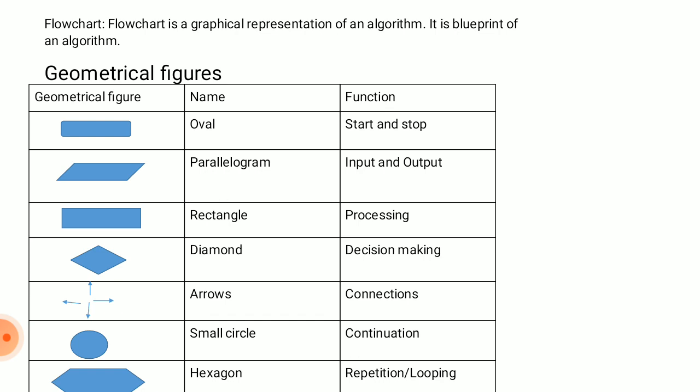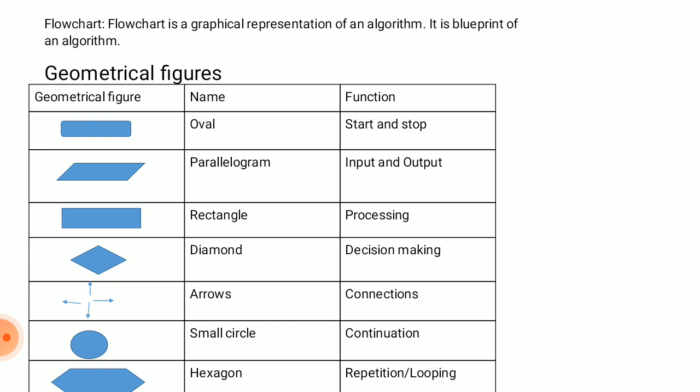First the algorithm, next step is the flowchart. By seeing this you can easily understand how your algorithm is executed. The algorithm is a step by step procedure, and here also you follow a step by step procedure, but in the form of geometrical figures.